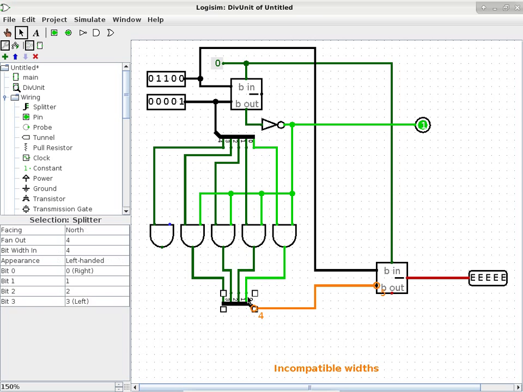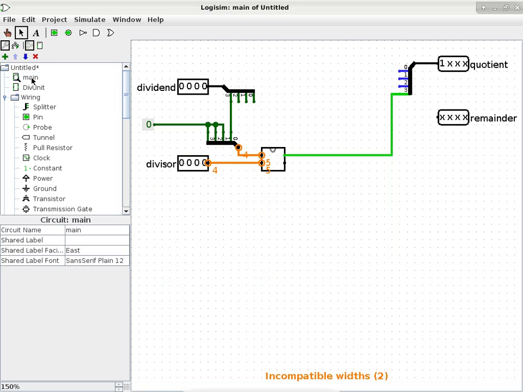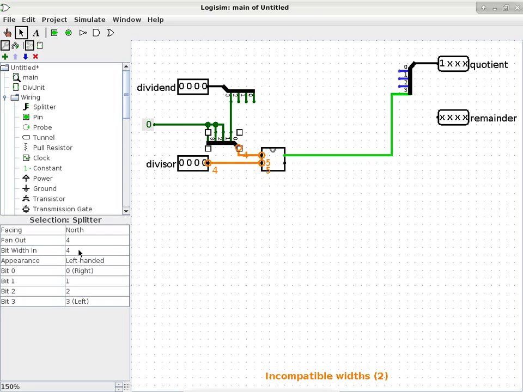And then we have to do the same thing here. It has to be a 5-bit splitter. Okay, that's better. Okay, here we go. But the main design is now changed because everything is now 5-bit wide. Okay, so we need to give this one more 0.